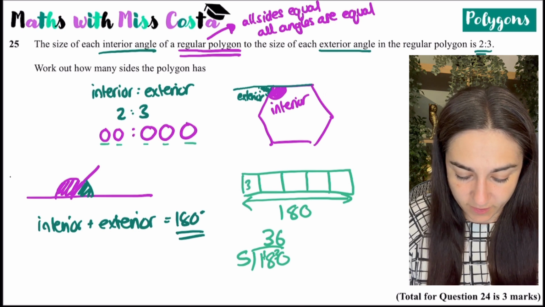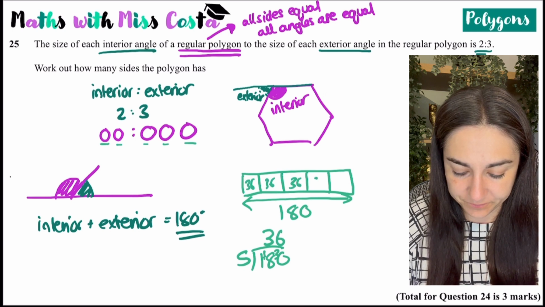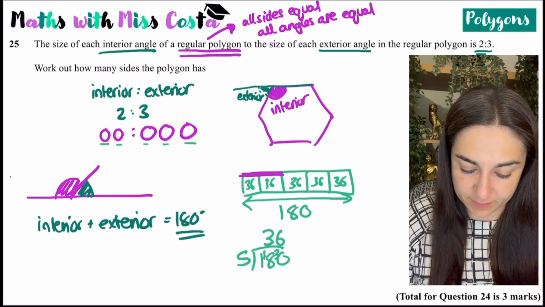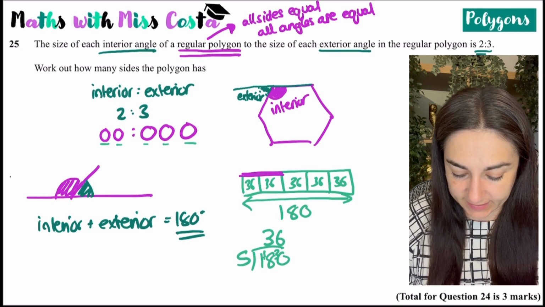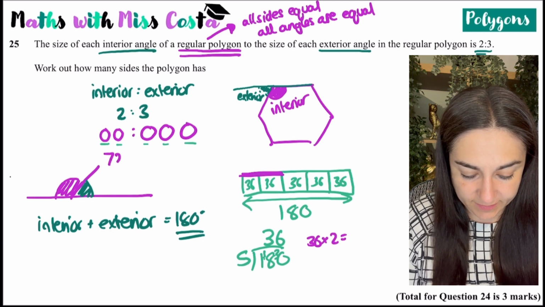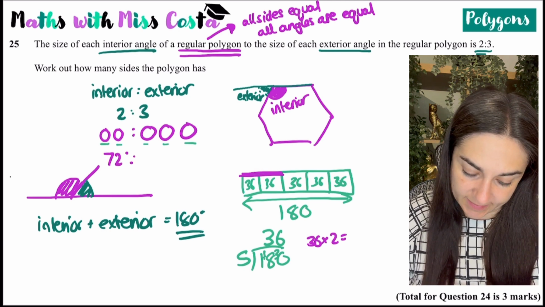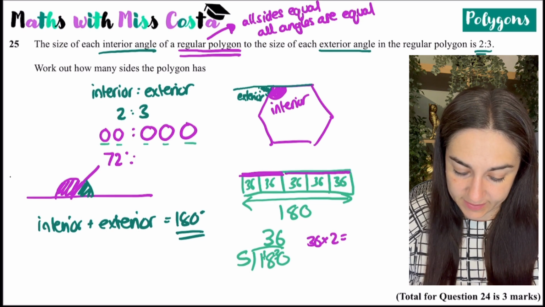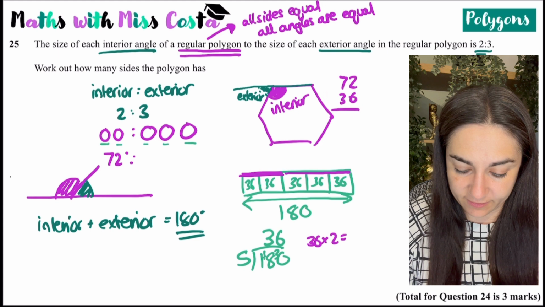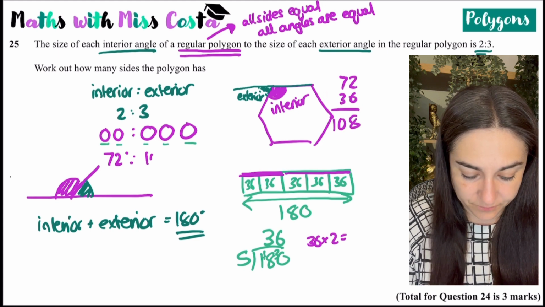So each little part is 36 degrees. The interior angle is going to be 2 parts, so 36 times by 2 is going to be 72 degrees, and 36 times by 3, so 72 plus 36 is going to give me 108.